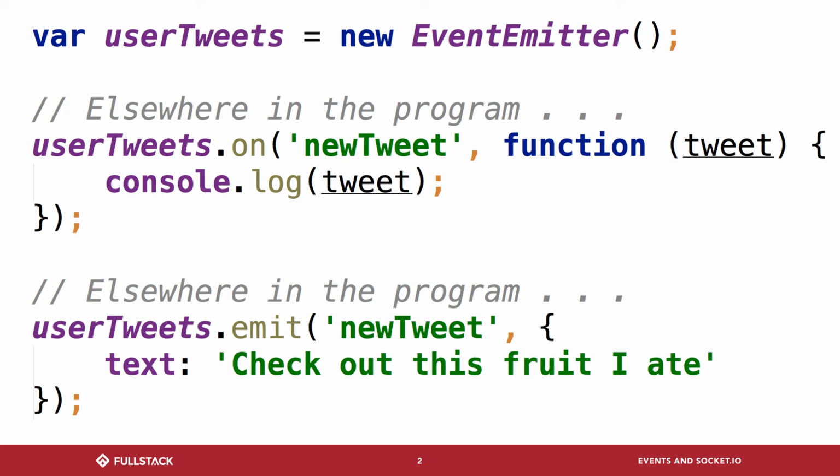But this might happen on the server where, when we get a new tweet, as part of the route that adds a new tweet, at some point we emit tweets to a socket that we will have gotten when a client connects. And elsewhere, on the front end, we can be listening on that same socket for new tweets and then adding them to the page.